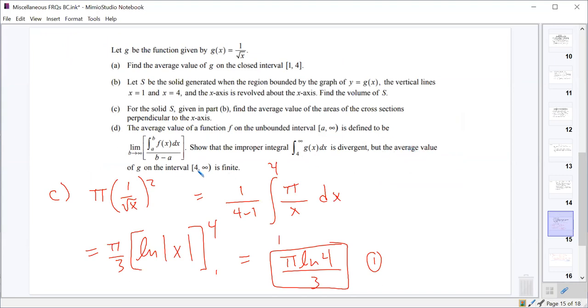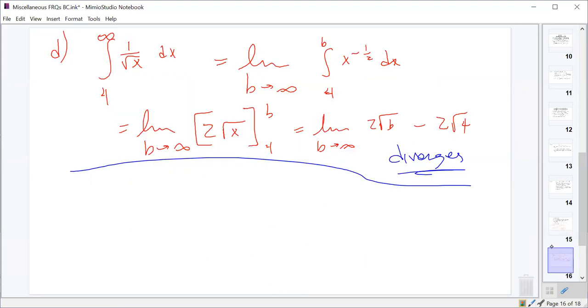Okay. Second half of part D wants us to show that the average value of g on that interval is finite. So how are we going to do that? We're going to have to set it up like this, right? We're going to do our limit as b approaches infinity of, it's just the integral of this, right?